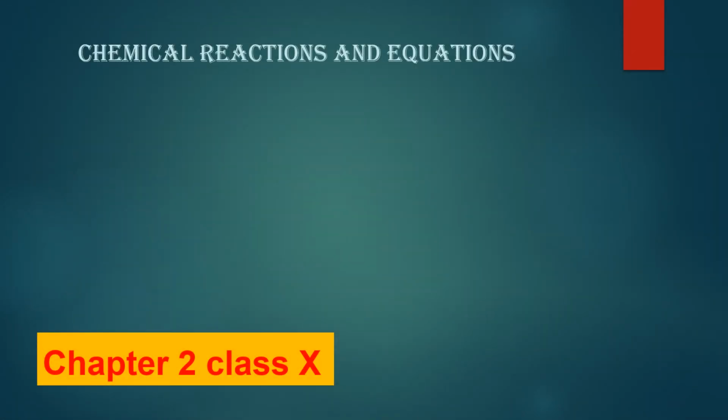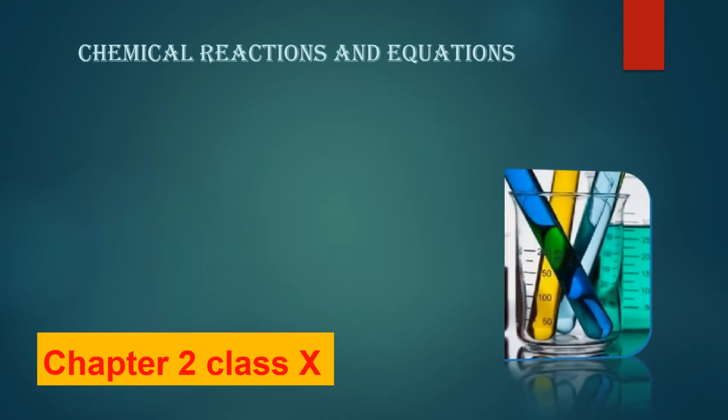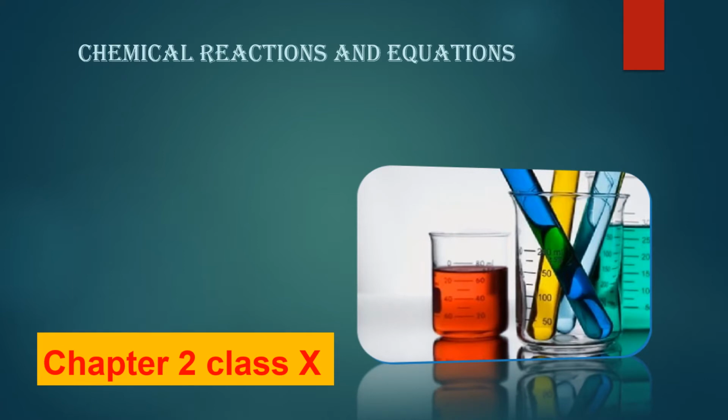Welcome, students, to today's session, our first chapter in chemistry, chemical reactions and equations. In your previous years, you have studied the difference between a chemical reaction and a physical reaction.